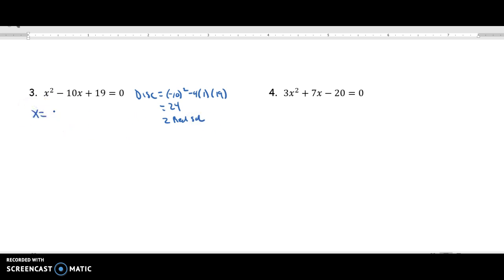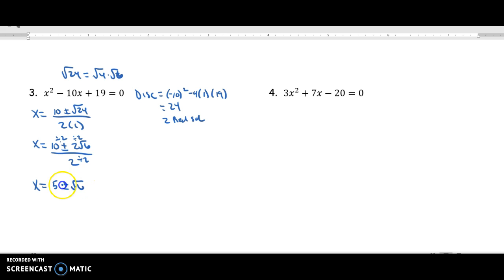So x equals the opposite of b, which is 10, plus or minus the square root of 24 all over 2 times 1. The square root of 24 breaks up into root 4 times root 6, so that's 2 root 6 all over 2. Again, all of these outside numbers can be divided by 2, so we would get 5 plus or minus the square root of 6.